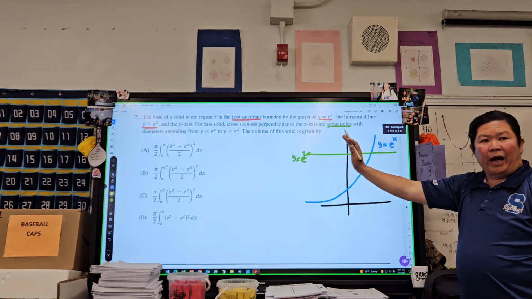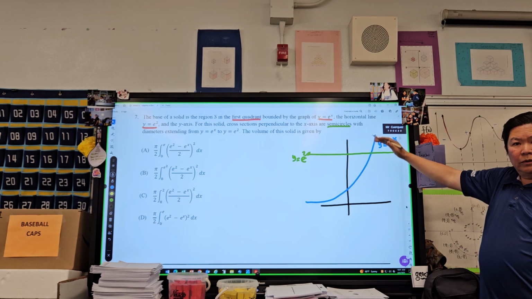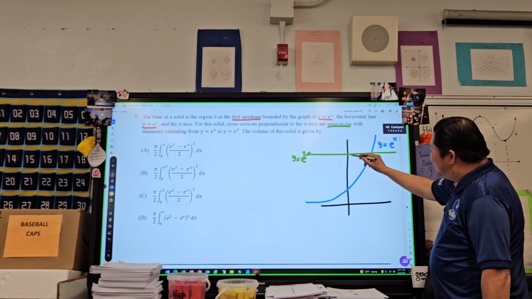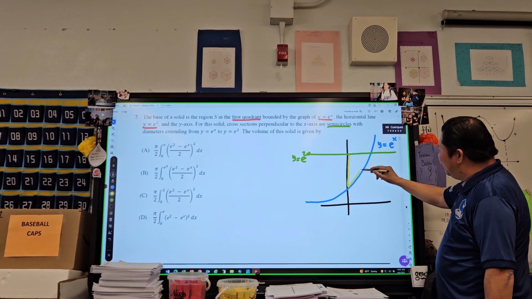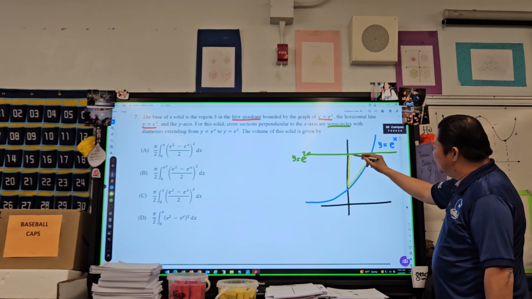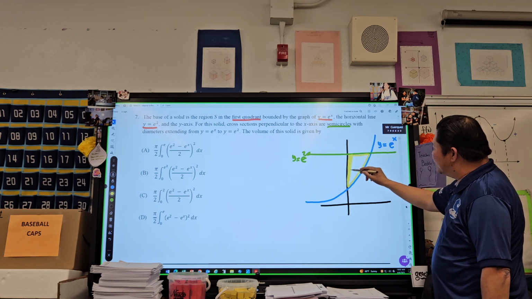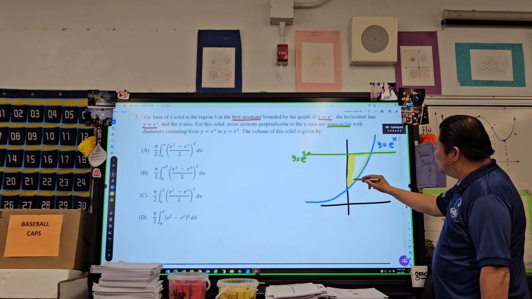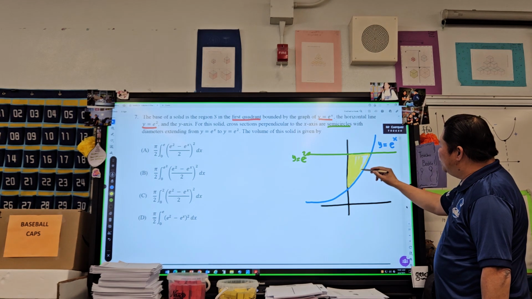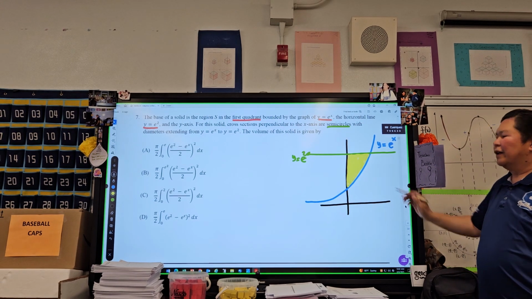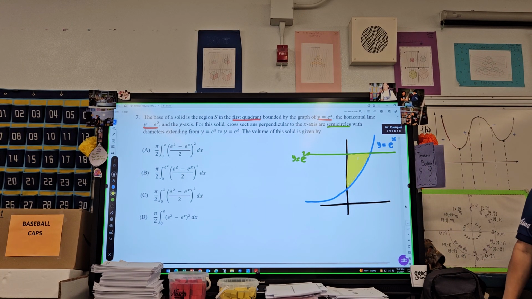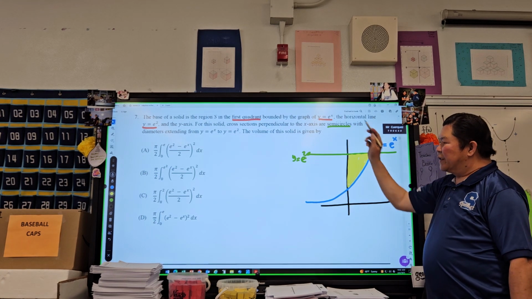I'll just use yellow for the region, okay? For the entire region, that this is the intersection of the two curves or two functions. Okay, is that clear?